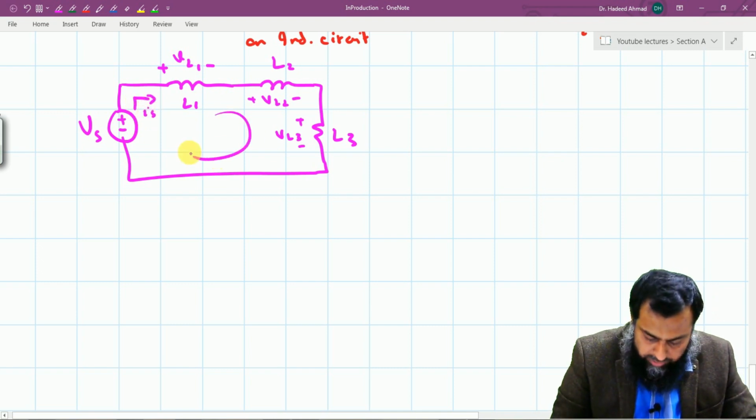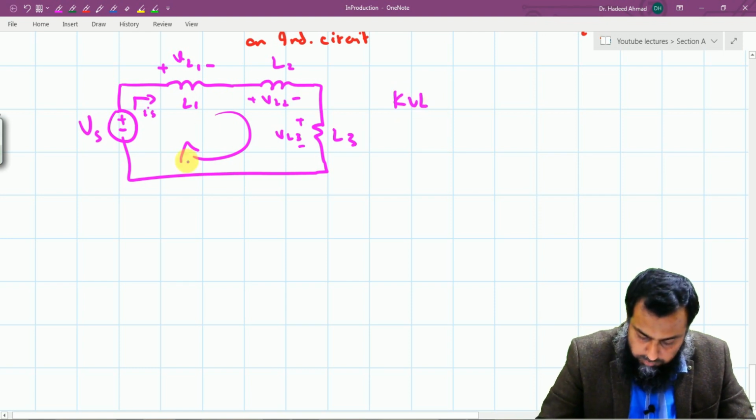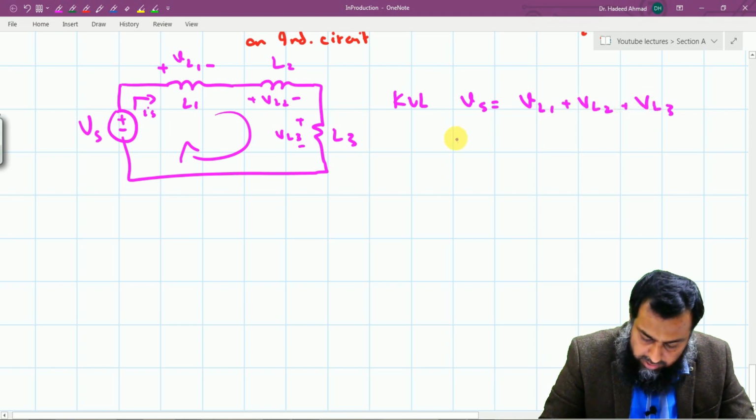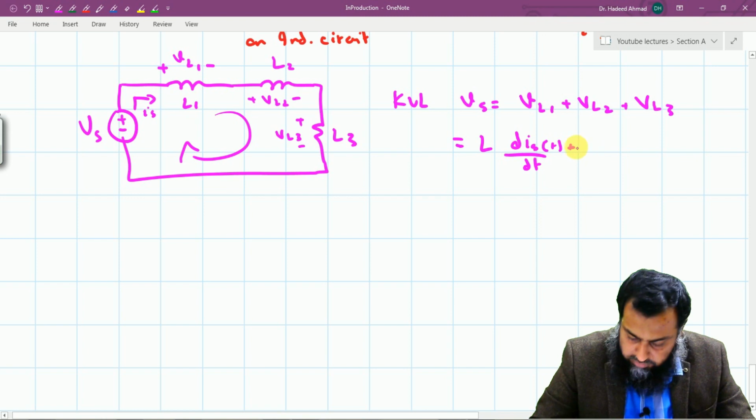Now if I apply KVL in this whole loop, then Vs is equal to VL1 plus VL2 plus VL3, and that is equal to L di over dt. For simplicity, let us just write it as di over dt.